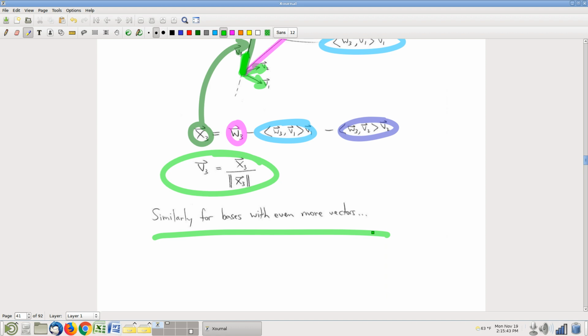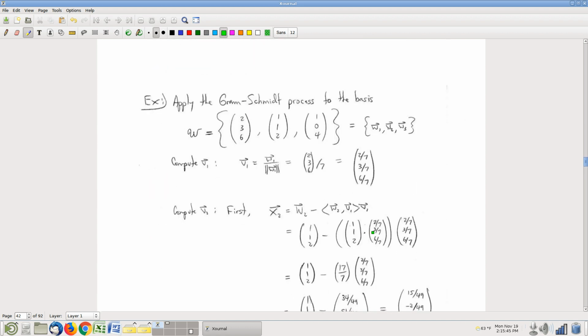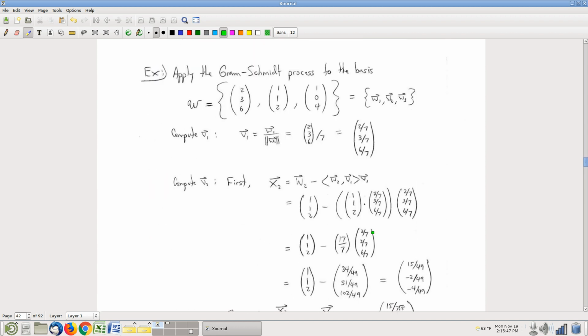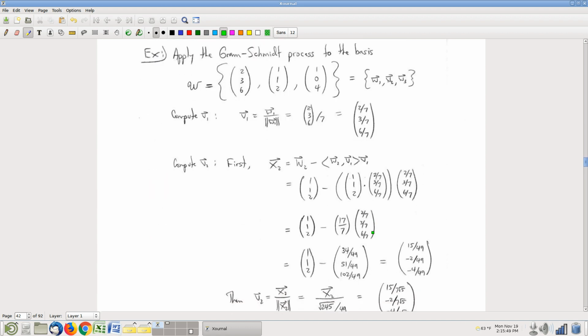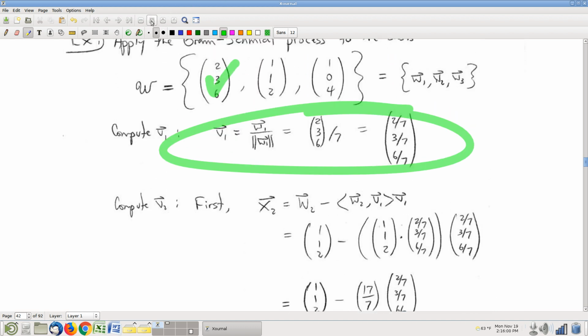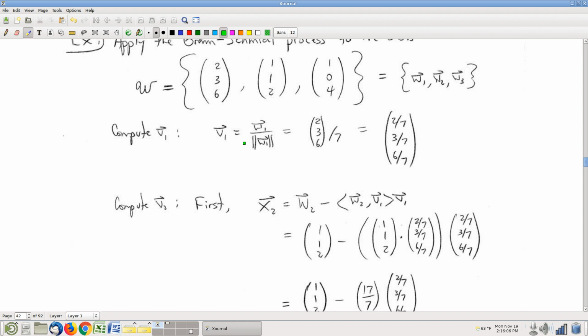Okay. All right. I'm going to let y'all read the rest of these details of this example. I'm going to talk about a couple of aspects of it, but notice all I'm doing, I've normalized the first vector. I'm just plugging into the formula, right? So there's a normalization of the first vector divided by magnitude, which happens to be 7 there. That was convenient. Okay, second vector.